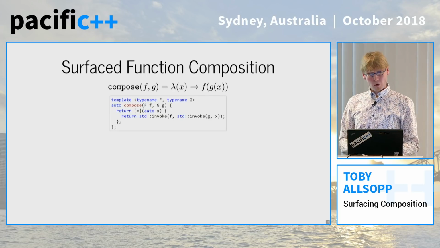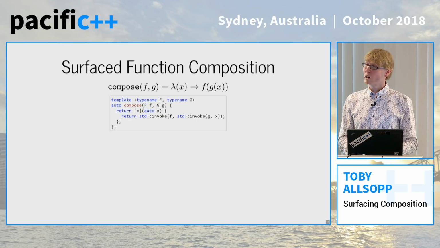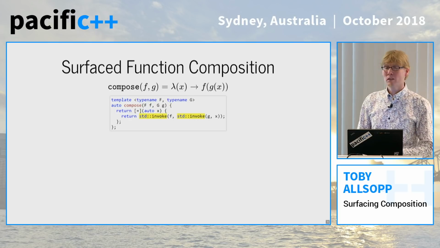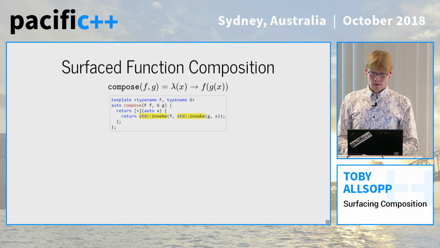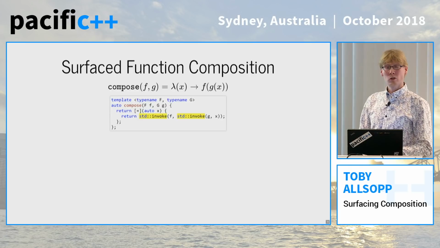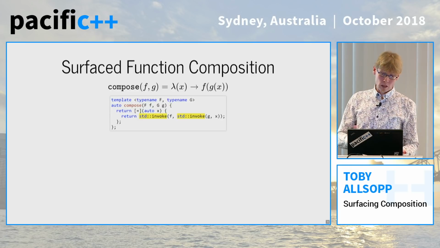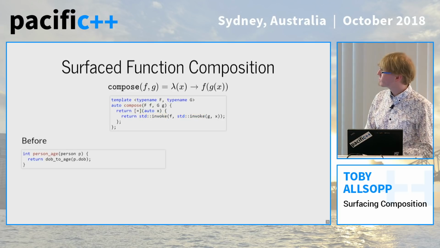So this is function compose, which takes two functions of arbitrary type, and returns a new function that uses std::invoke to first call g on the x that you pass in, then calls f on the result of that. So that captures the pattern of function composition.